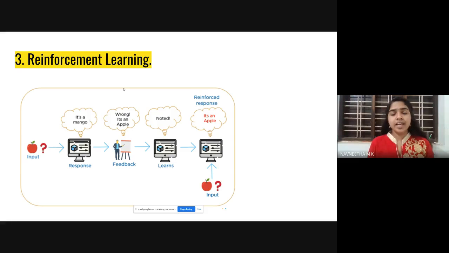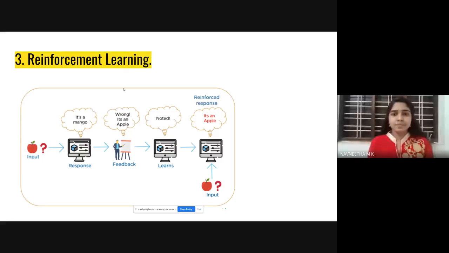If touching the candle's flame, what happens to him? So the next time we put the same burning candle in front of the baby, the baby remembers what happened in the past and does not want it repeated. This is actually reinforcement learning.